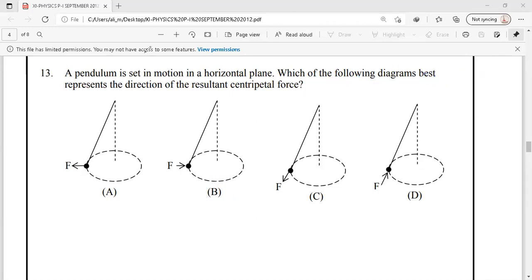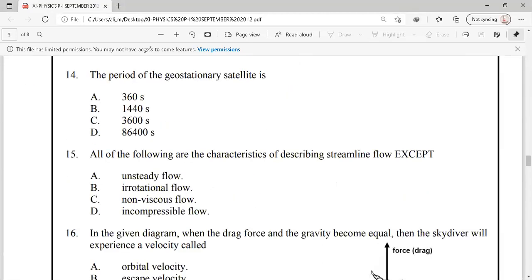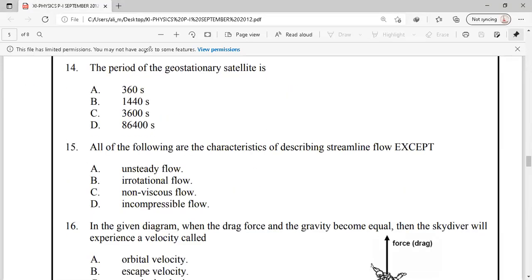Let's see question number 14. The period of the geostationary satellite is asked. Geostationary satellites are the ones that complete one rotation around the earth in 24 hours or 1 day.